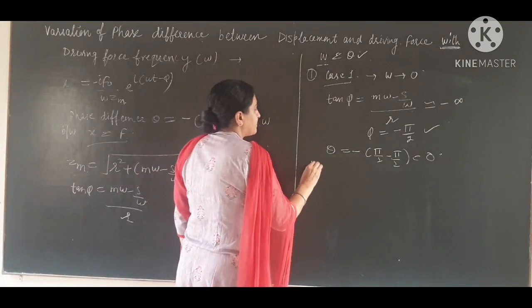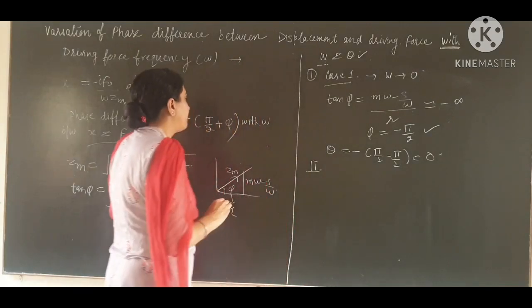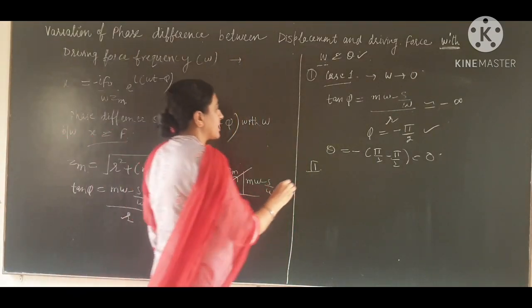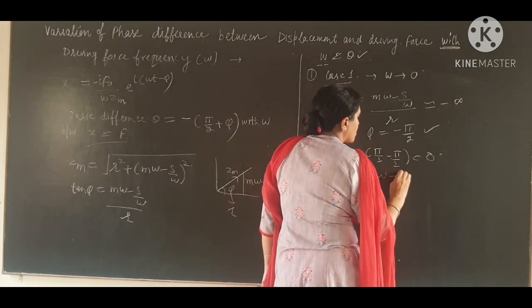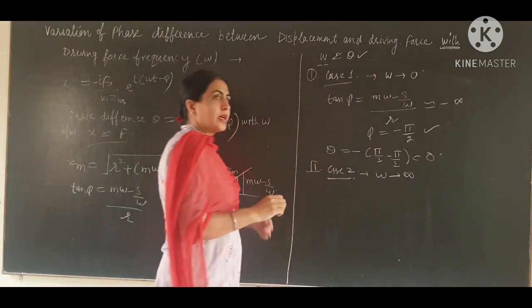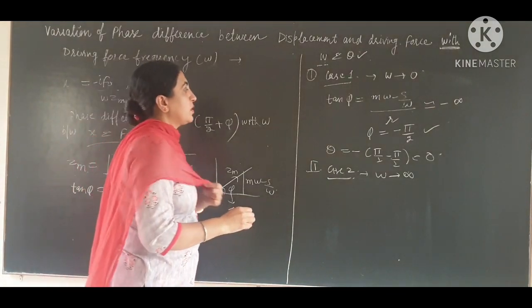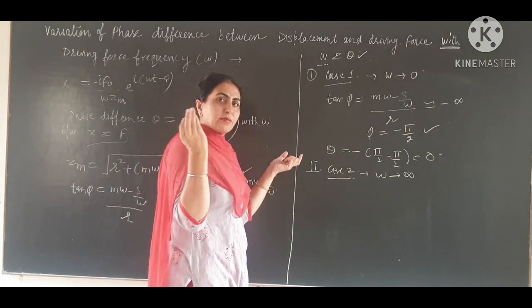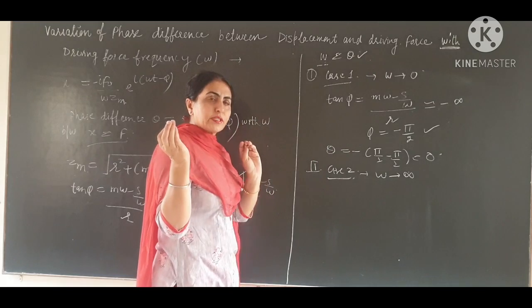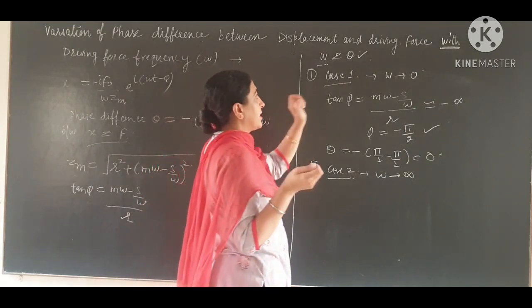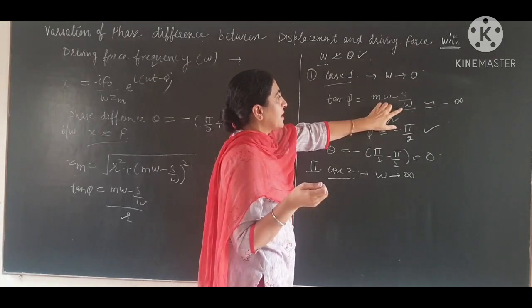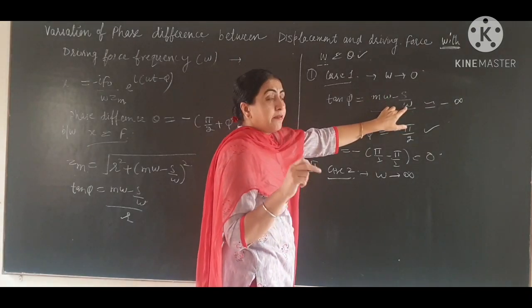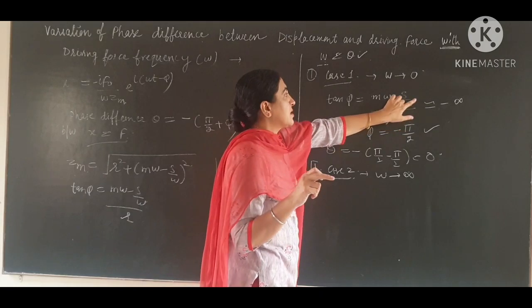Now second case: when omega approaches infinity. The frequency may be infinite. When frequency is infinite, what about m omega minus s over omega? Here s over infinity is 1 over infinity, so this term is 0.